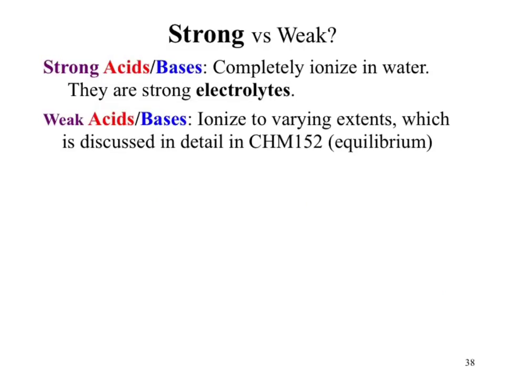Okay, so we now have to approach what these definitions are. Strong acids completely ionize in water, which means when I add HCl to water, all of that HCl becomes H+. Weak acids only partially ionize, meaning when I add acetic acid to water, only a small amount of it converts to H+. Most of it stays as acetic acid.